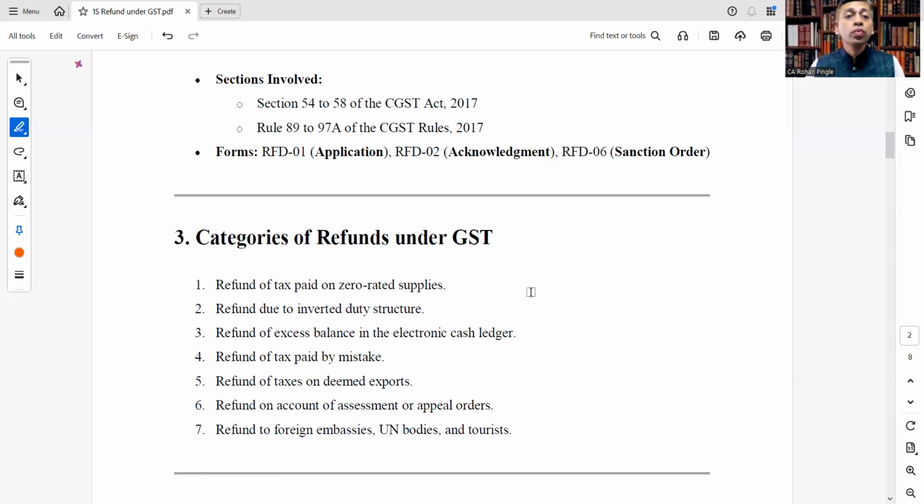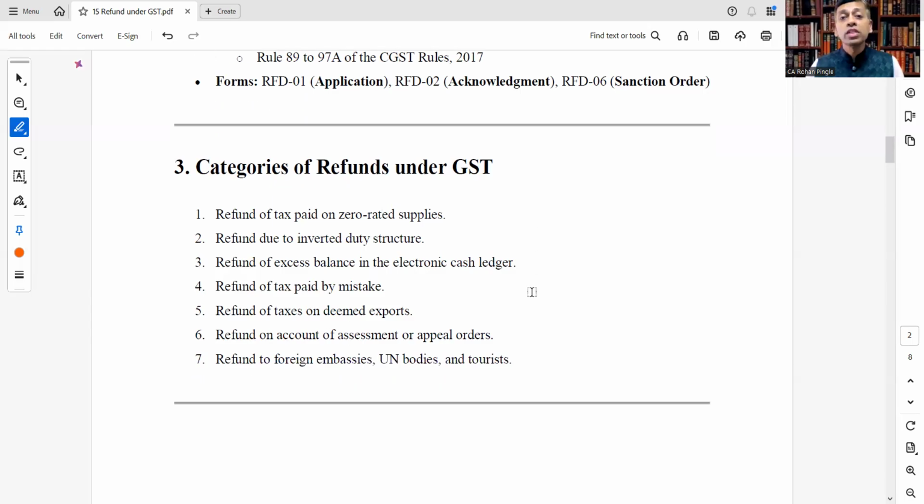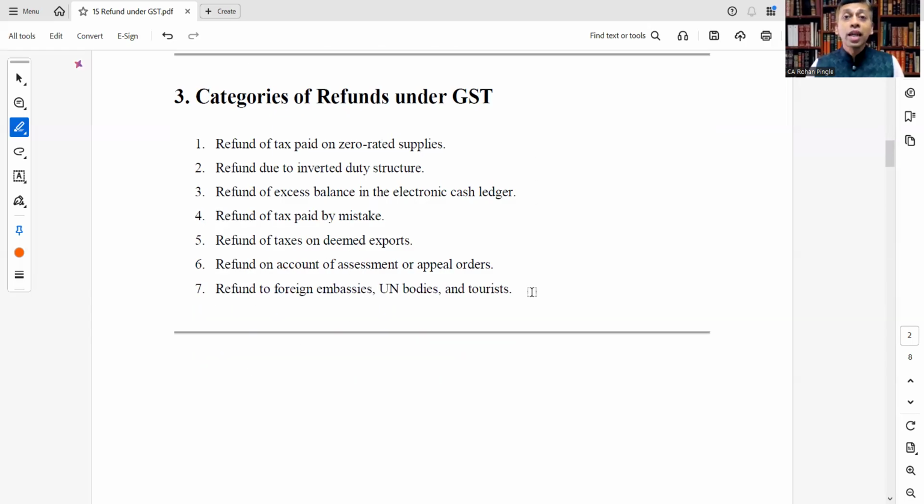Let's move on to further categories of refunds under GST. There are 7 categories under refunds. One, refund of tax paid on zero rated supplies. Then refund due to inverted duty structure. Refund of excess balance in the electronic cash ledger.